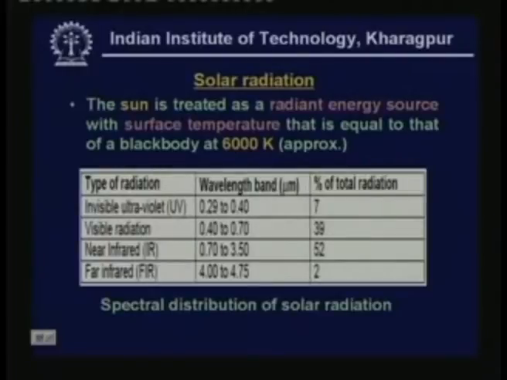And finally you have far infrared or FIR radiation, which lies in the range of 4 to 4.7 microns, and it consists of 2% of the total radiation. So you can see that the majority of solar radiation lies in the range of visible radiation and near infrared radiation, almost 91%. That is the reason why the sun is a major source of light as well as heat.